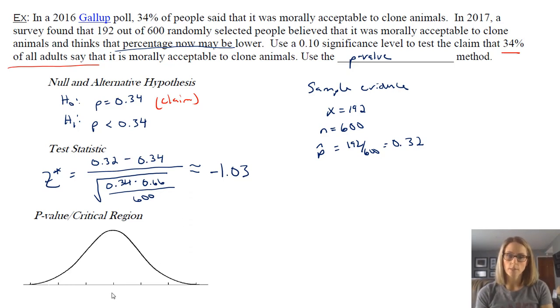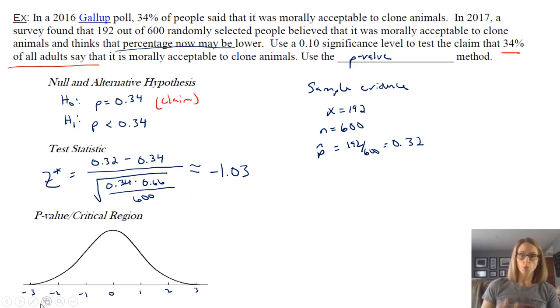I want you to notice that when we think about putting that kind of test statistic on a standard normal distribution, remember what this standard normal distribution represents: if the null were to be true and the proportion was 0.34, that's the idea of that proportion sitting here and being the most likely.